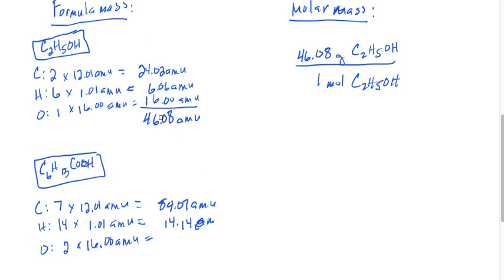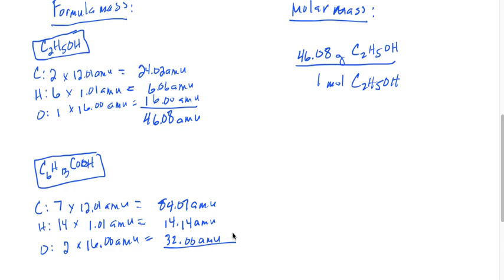Wow, that's pretty bad. Let me erase that for you. I'm going to try to be at least a little neater. So that would be 14.14 AMU. And then, let's see here, what did we get? 2 times 16, that'll give us another 32 atomic mass units.